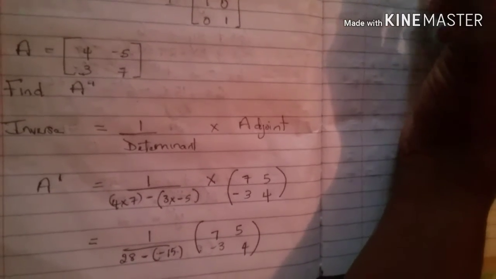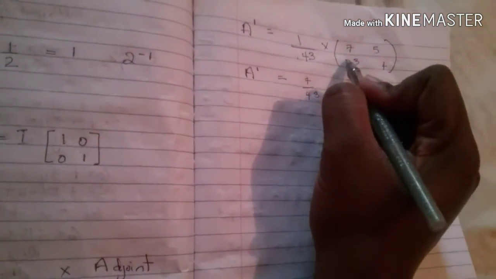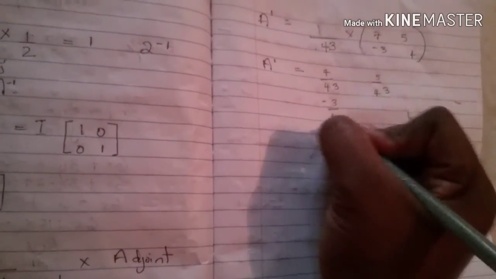All we need to do is use the 1 over the determinant and multiply it by everything in our matrix to get A inverse. 1 over 43 times 7 gives 7 over 43. 1 over 43 times 5 gives 5 over 43. -3 times 1 over 43 gives -3 over 43.